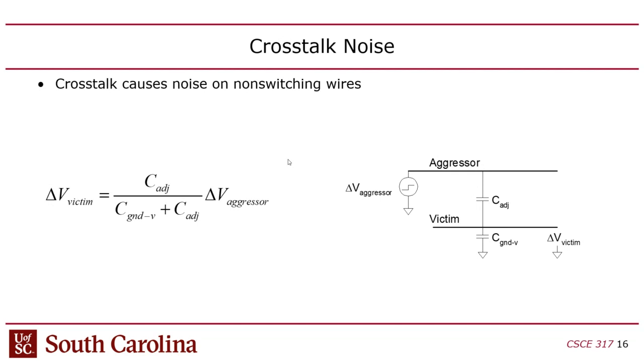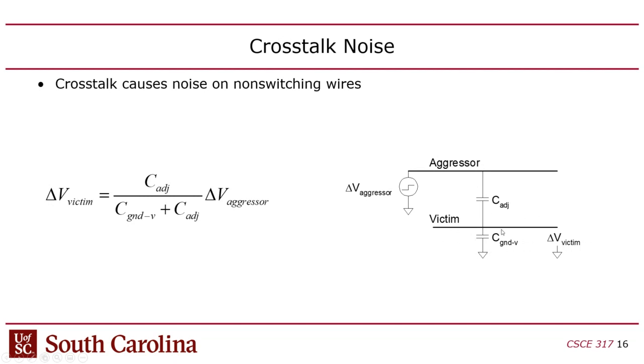But if you have a wire that's undriven for whatever reason, it might be tri-stated, or a wire that's connected to a weak driver, then it's going to be more susceptible to this crosstalk noise from neighboring wires. So this is a picture of what I was explaining. If you have an aggressor, it's got a capacitive coupling to a victim.